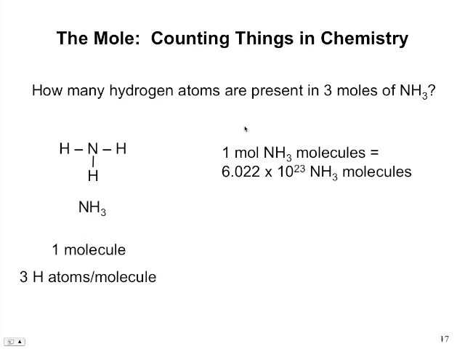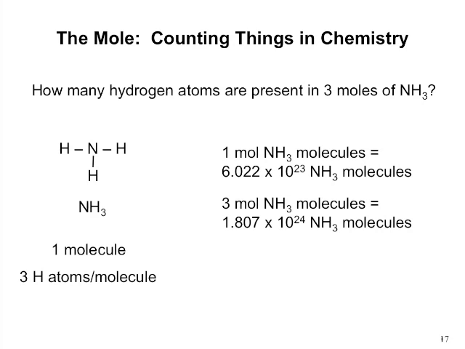Now, if we ask the question, how many molecules do we have in 3 moles of molecules? Well, I hope you would see that all you need to do is take the number of molecules here and multiply it by 3, right? Which would give us roughly 18 times 10 to the 23rd, and converting that to standard scientific notation would be 1.8 times 10 to the 24th ammonia molecules, right?